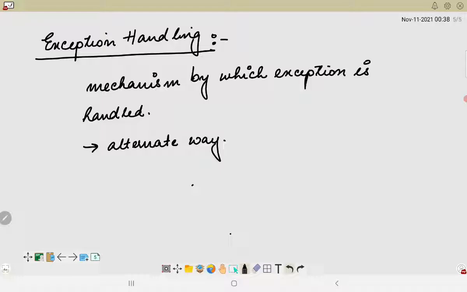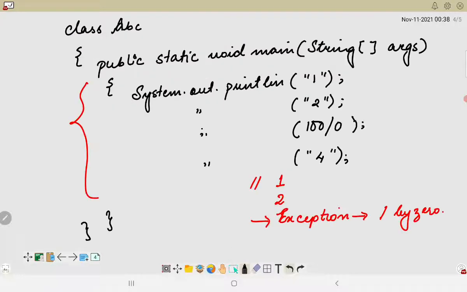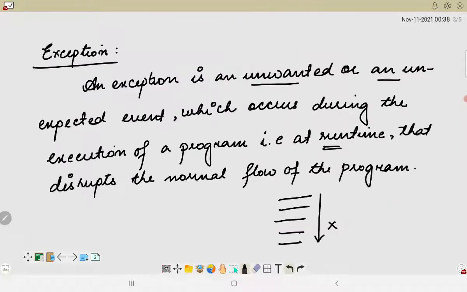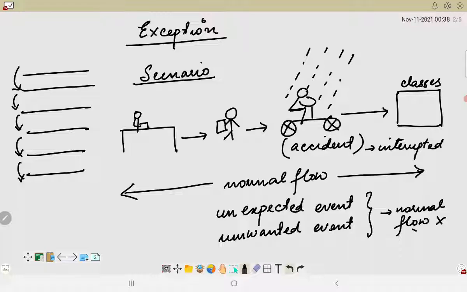When I'm talking about exception handling, it does not mean, in my previous scenario, that I'm ruling out the fact that I might meet with an accident, or that I can stop the rain. What I can do is, if there is rain, I can immediately take out a raincoat and wear it so that it protects me from the rain, and I can reach my classes on time.